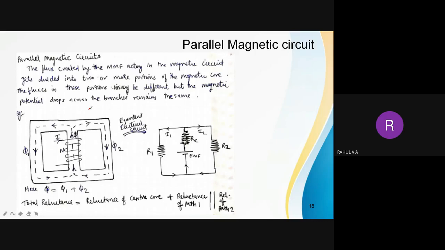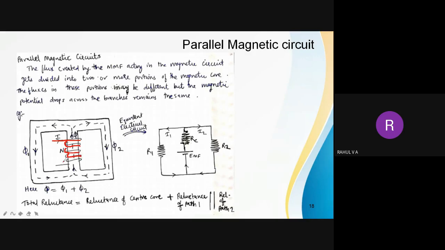But what about a parallel magnetic circuit? A parallel magnetic circuit is something like this. The coil is wound on the center limb. I am calling it a limb, LIMB.